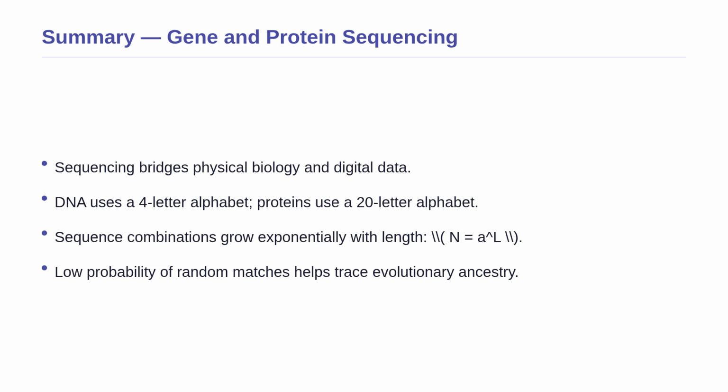Second, we learned that while the biological alphabets are small, just 4 letters for DNA and 20 for proteins, the number of possible combinations grows exponentially as the sequence gets longer. Finally, we saw how the mathematics of probability allow us to distinguish between random chance and true evolutionary ancestry. Mastering these concepts is your first step toward understanding how computational tools unlock the hidden libraries of life.